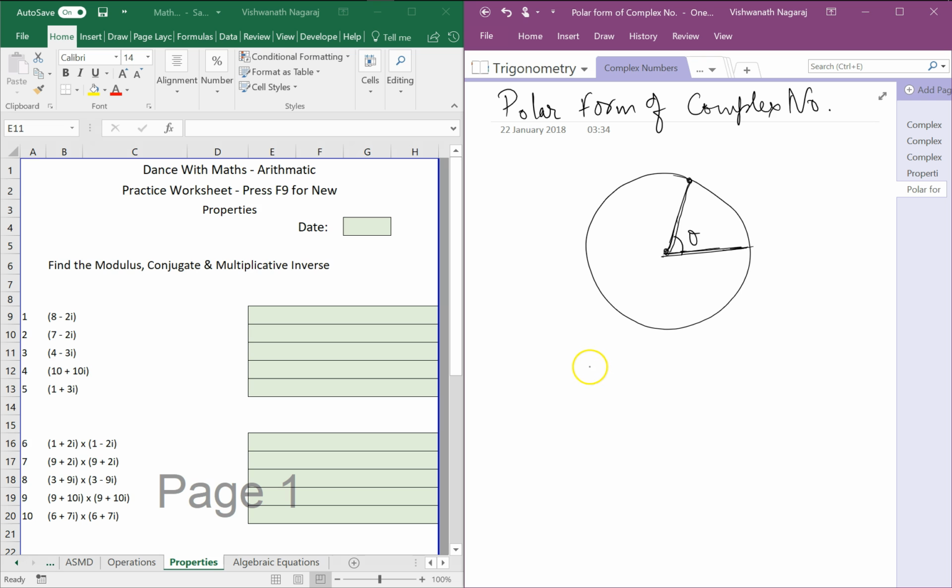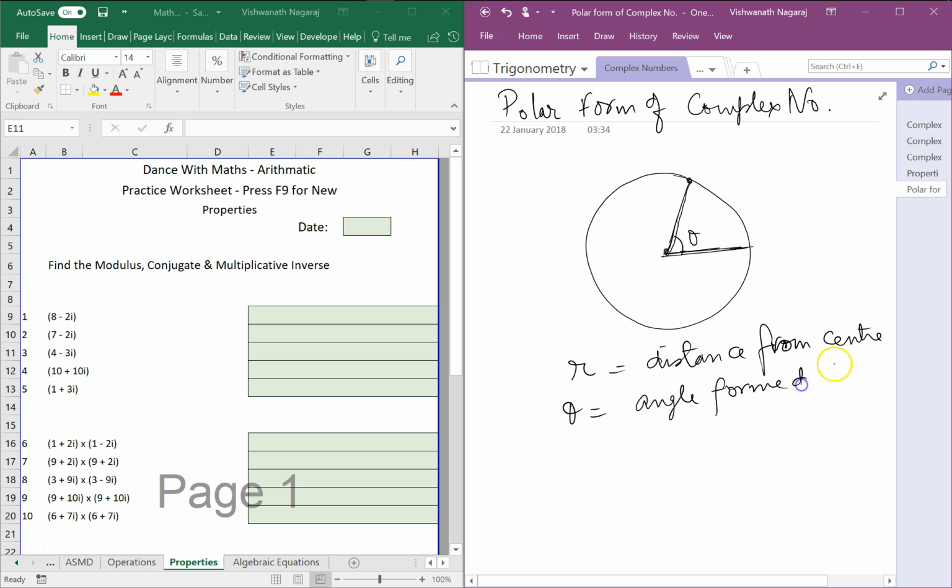The pieces of information are, one, let's say r, the distance from the center. The other is the angle formed from an initial side.